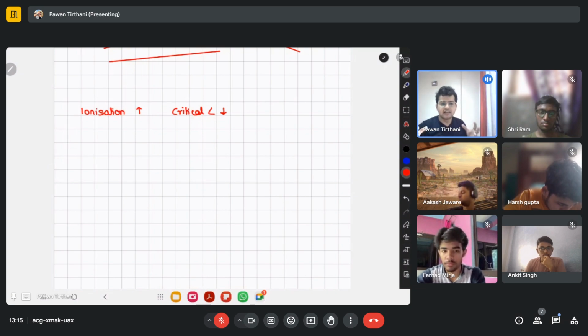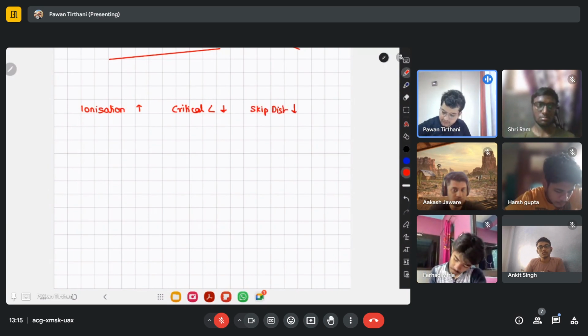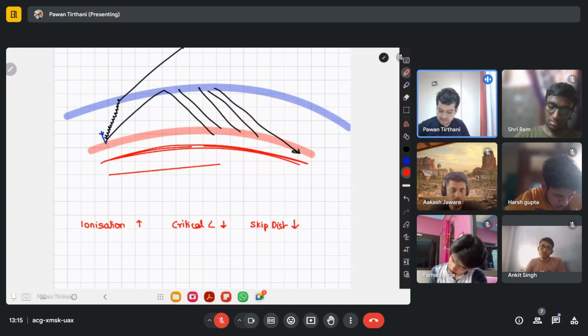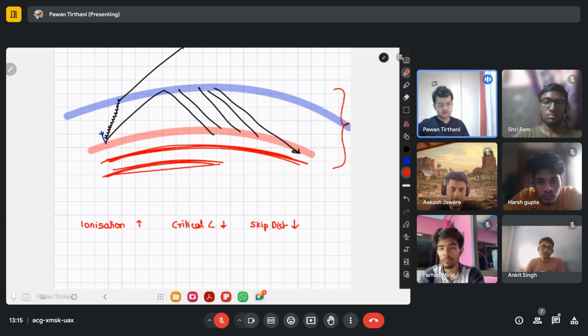If the critical angle decreases, मतलब छोटे एंगल पे वो रिफ्रैक्ट कर दे रहा है, वापस नीचे भेज रहा है. ठीक है। And skip distance will also decrease. Okay, we all saw how earlier the skip distance was this big, now it is only this much. For those who are seeing it in the recording, see this explanation again ताकि दिमाग में घुस जाए.